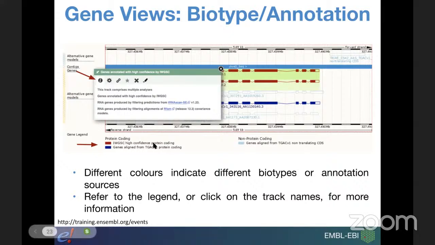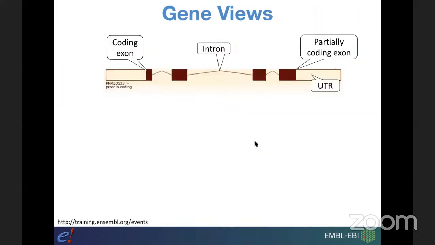But protein coding genes might also have non-coding transcripts which do not get translated. For example, those can be retained intron transcripts or nonsense mediated decay, and these non-coding transcripts are shown in blue. Then we have exons, which are shown as boxes.